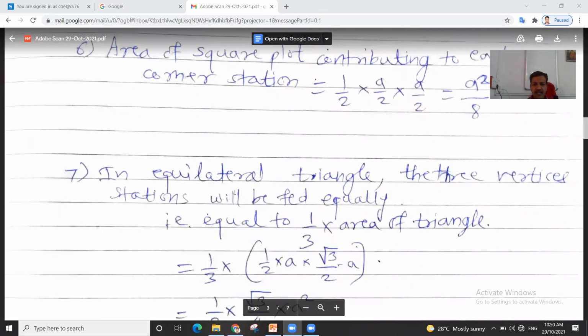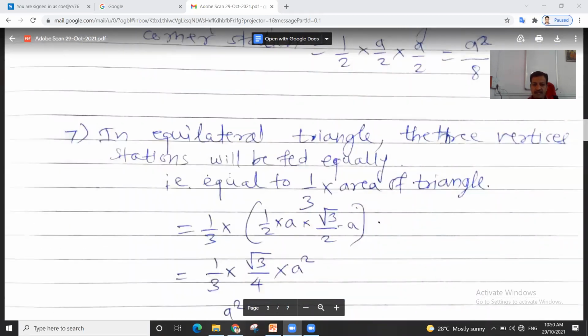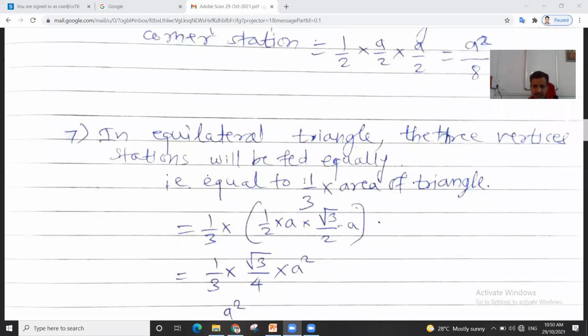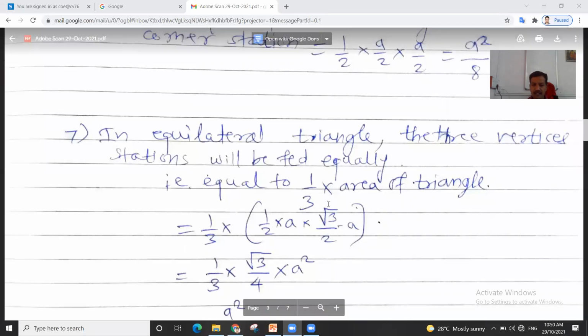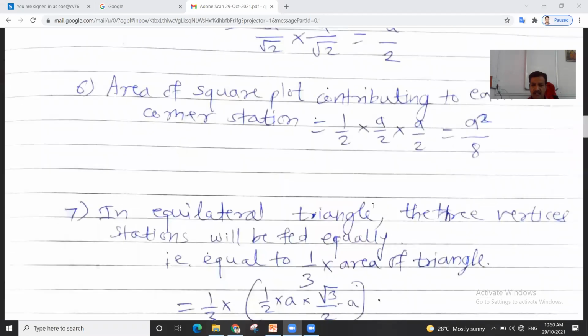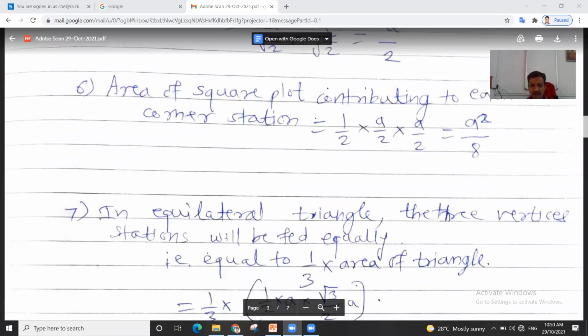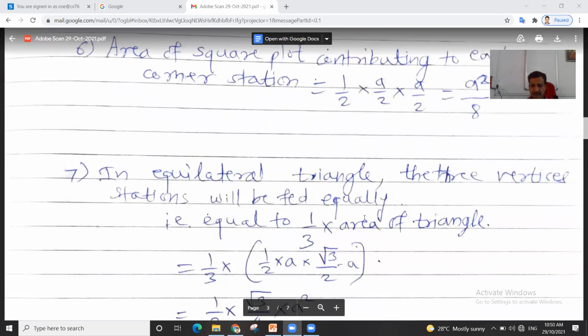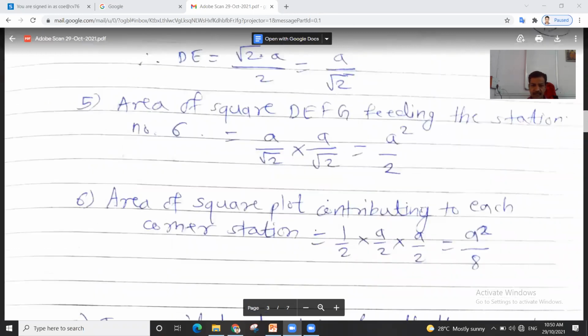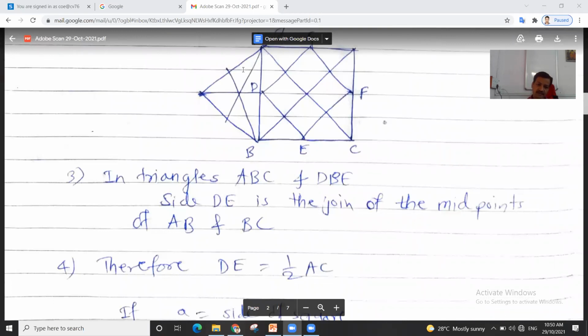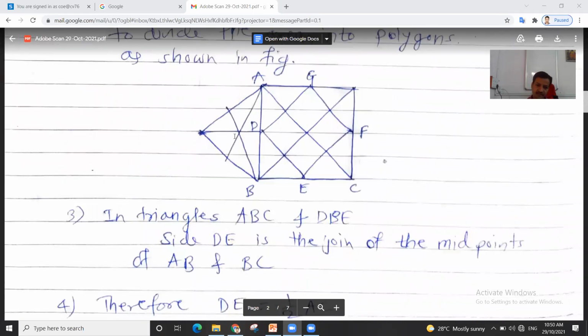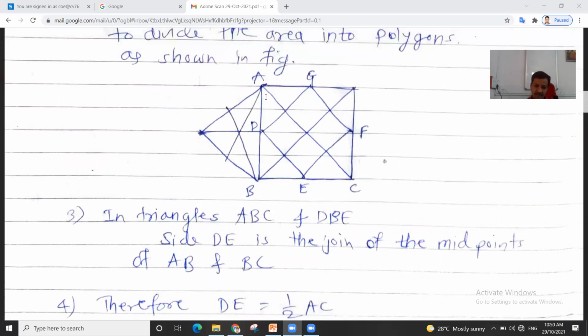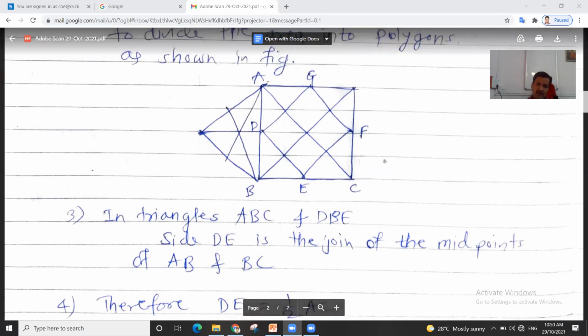Then in the equilateral triangle, the three vertices stations will be fed equally, each equal to 1/3 of the area of the triangle. To find the area of the equilateral triangle, I have shown it in the diagram: the three vertices of this triangle, where we drew bisectors from each corner.